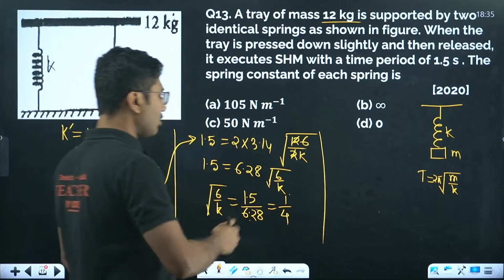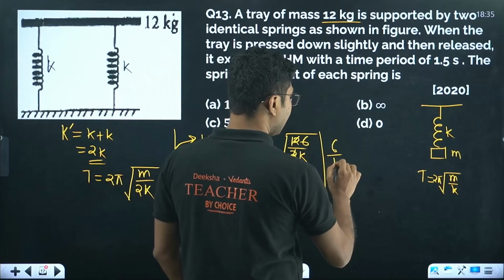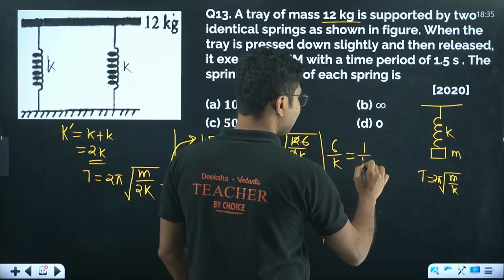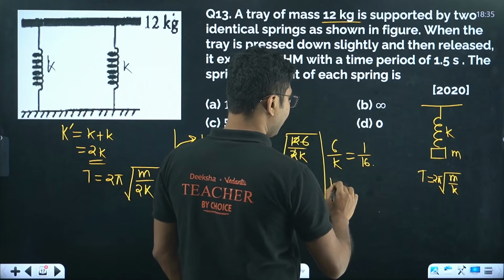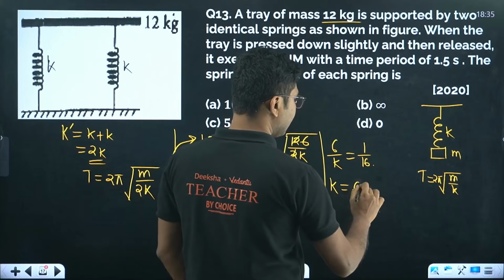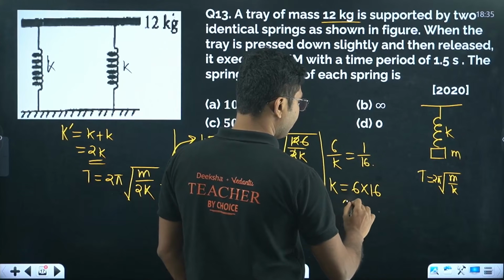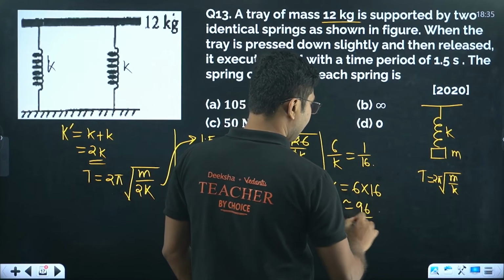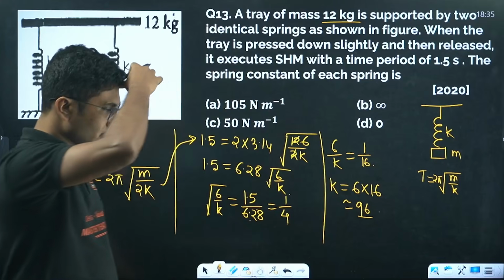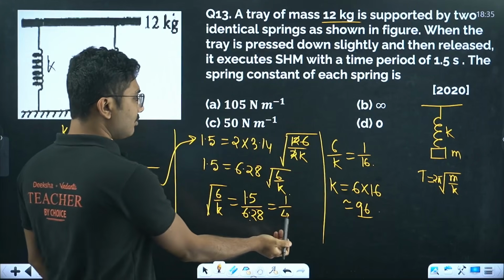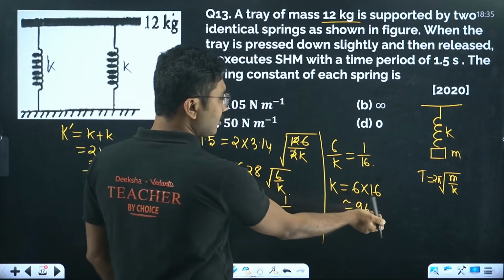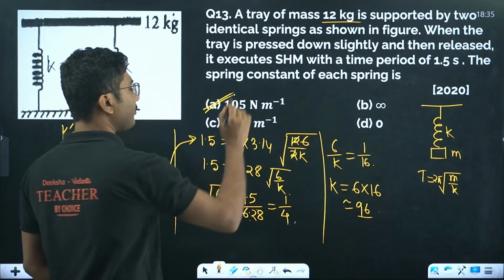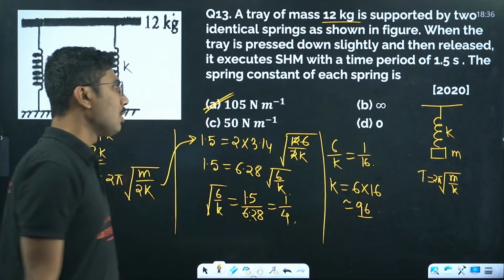Now take the square on both sides. We get 6 by k equals to 1 by 16. So k will be equals to 6 into 16, which is very close to 96. Now again, if you see that none of the answer is close, because obviously this value is slightly more than 4, so this will be slightly more than 96, and from the options, the closest option will be 105.